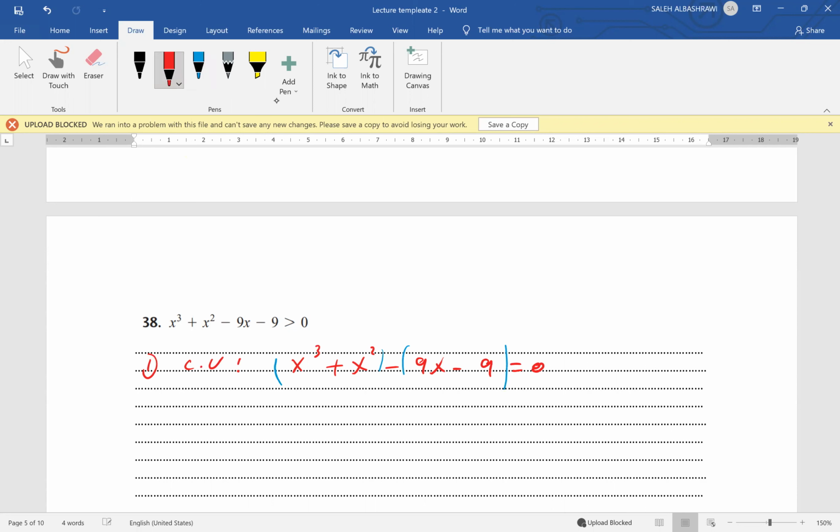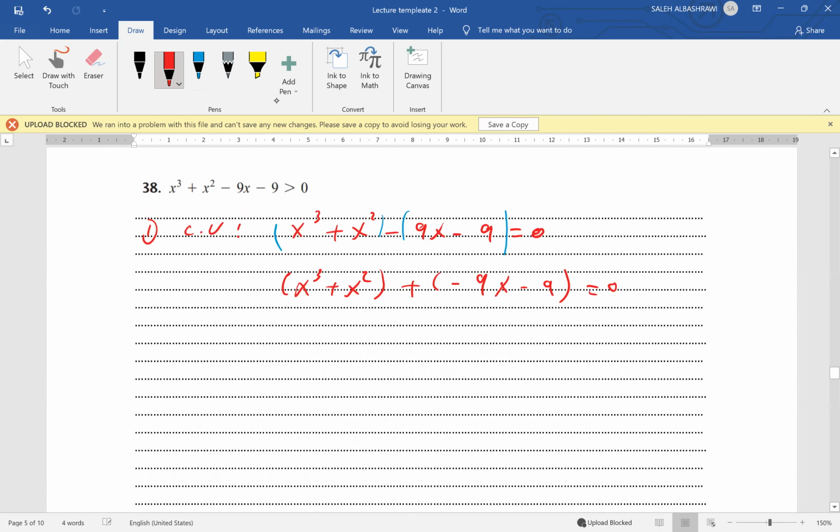So I can take the first 2 terms, x to the power 3 plus x squared, in one group, plus minus 9x minus 9 as another bracket. Take the common factor for the first one, which is x squared, then I will have x plus 1.